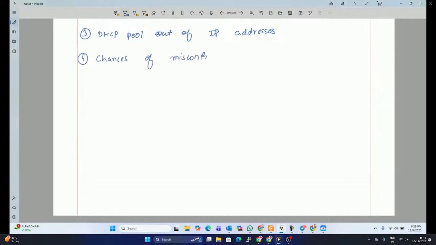We can have chances of misconfiguration as well, because even a small misconfiguration can create a problem.